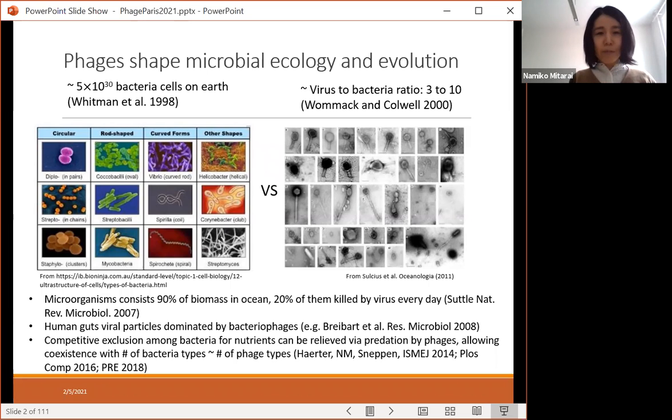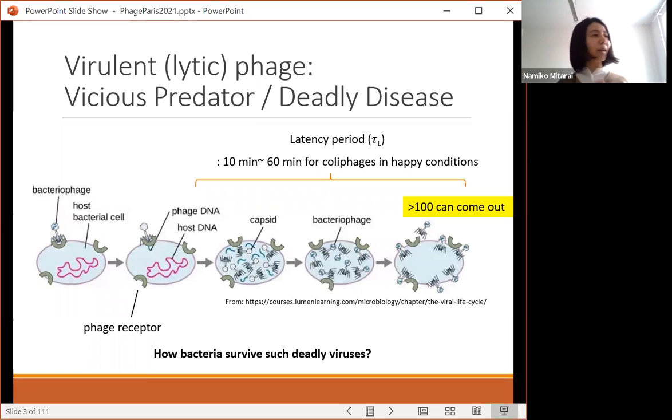But today I want to focus a little bit more on the physical interaction between the virus and the bacteria and the importance of them in the ecology. And to go into it, I first want to recap a little bit how the virus works. The simplest phage that we know is the so-called virulent phage or lytic phage.